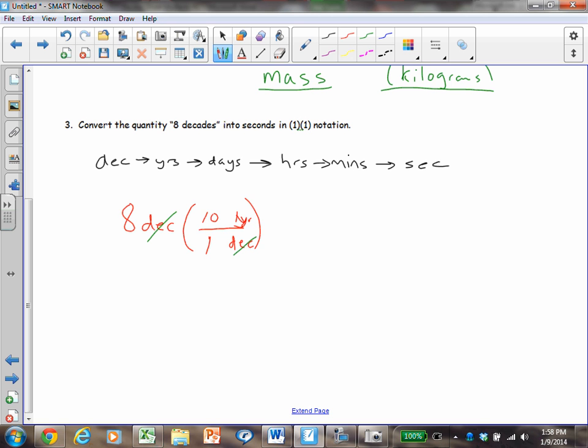That gives us years. Year on the bottom. Days on the top. If I want to be closer to accurate, what would I put for the number of days per year? 365.25, right?